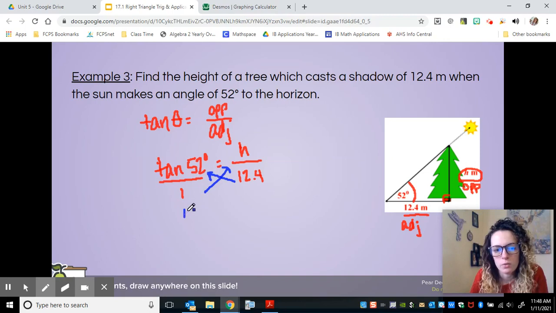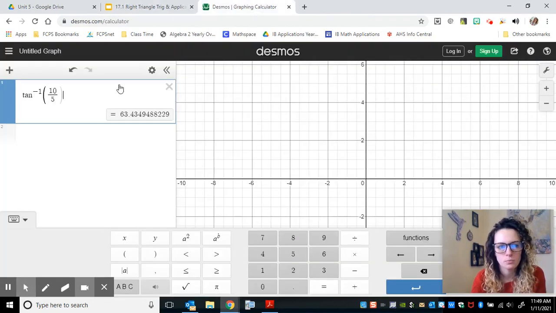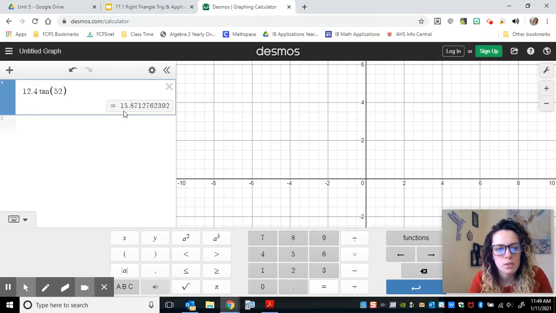So I would have 12.4 times the tangent of 52 degrees equaling the height. If I go to my calculator or go to Desmos to type that in, again, using regular tangent here, since I'm looking for the side. To 3 significant figures, I'm looking at 15.9.